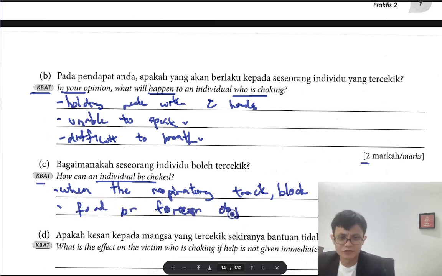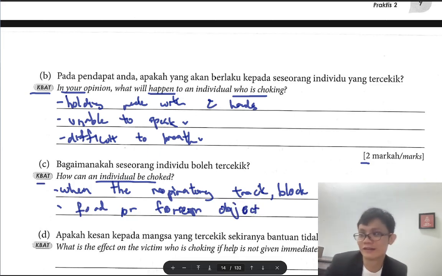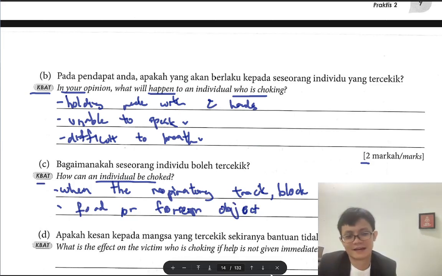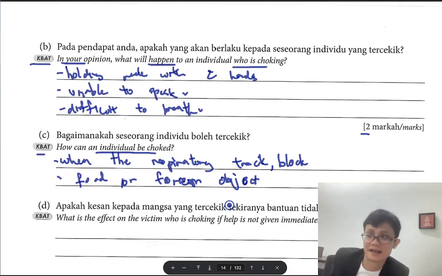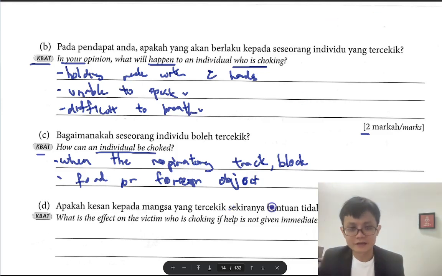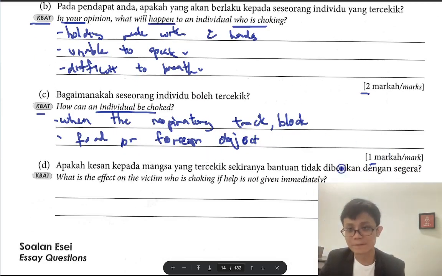So it could be food or other things. For adults, usually it's food because we only put food in our mouth. For foreign objects, usually it's for babies or animals. Sometimes they like to put things in the mouth. So when the thing goes into the mouth, the person will get choked. Very easy, very good. 1 mark only.